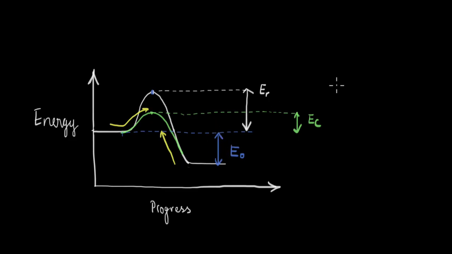Without the catalyst, the activation barrier for the reverse reaction is the sum of both of these, ER plus E0, which is the total barrier for this reverse reaction, which I'm going to represent here by this EB. And when you introduce a catalyst, the activation barrier now becomes EC plus E0, which is a smaller value that I've denoted by this EB dash.